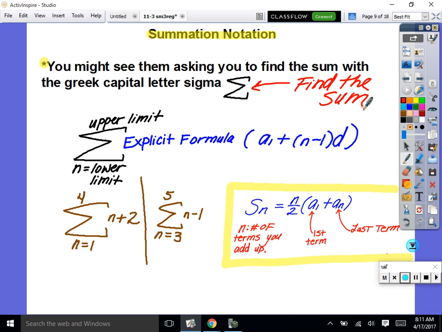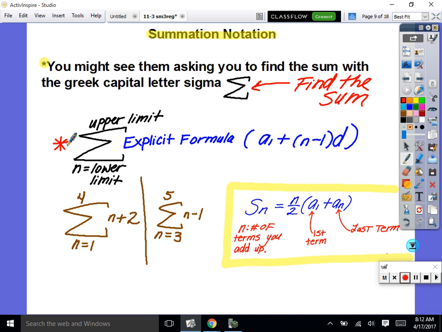So write this down somewhere, maybe on the back of your formula sheet. So this is going to be the form you're going to see it in, which it literally just means exactly what we just did. So it's going to have a sum sign, that means take the sum, and then they're going to tell you where to start. So our lower, it's going to be called our lower limit. So notice right down here it's 1, and right down here it's 3 in this example. And then we have our upper limit, which means where you're stopping. So notice this one's 4.